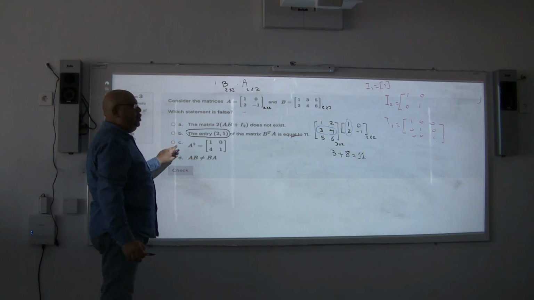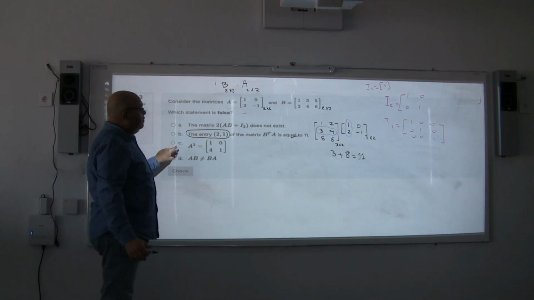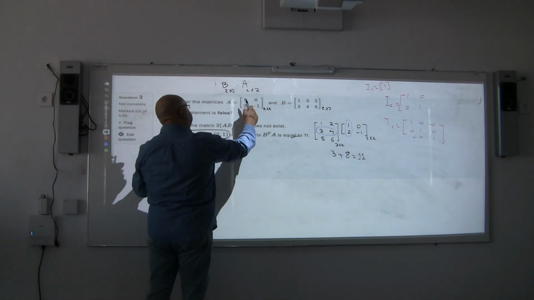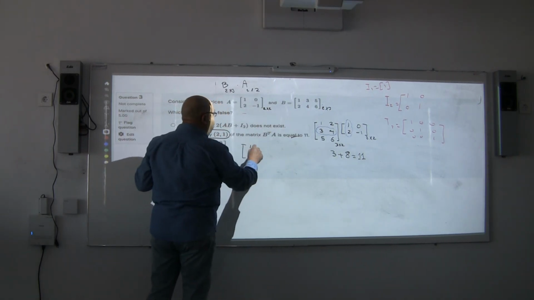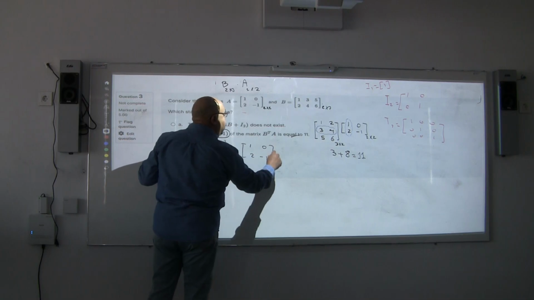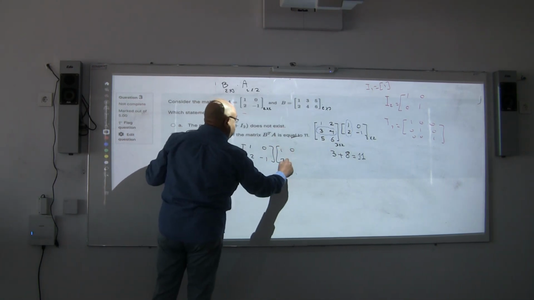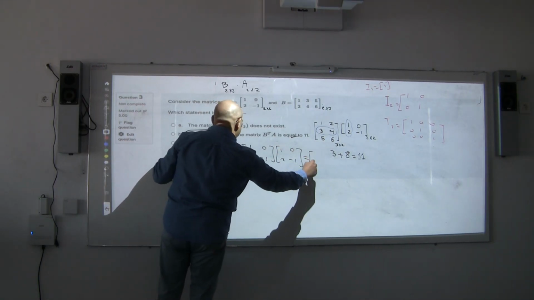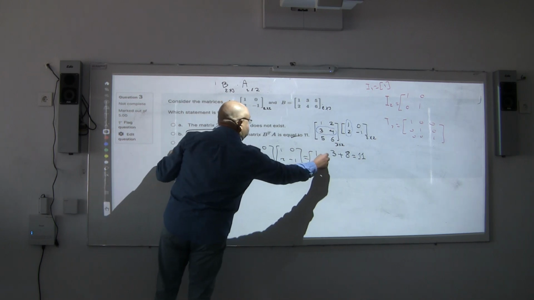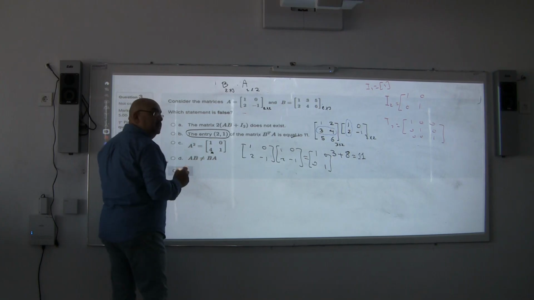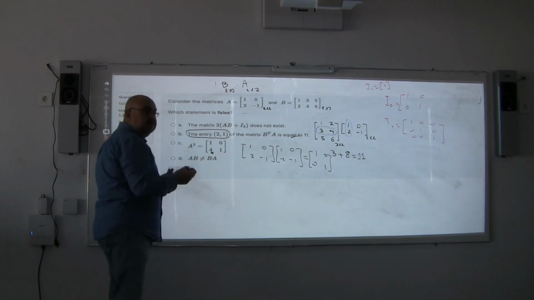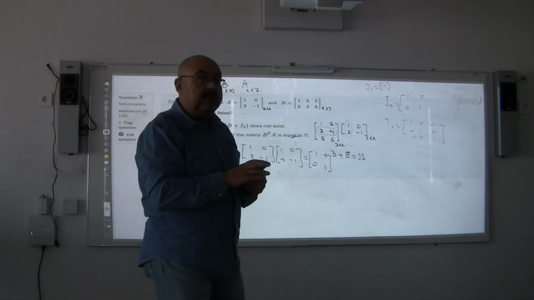I will have to check this one, which means you will multiply this matrix by itself. If I multiply this matrix by itself, 1, 0, 2, and negative 1, I believe the result will be 1, 0, 0, and 1. And this is not the right answer. So the correct choice is number C. That's the false statement.